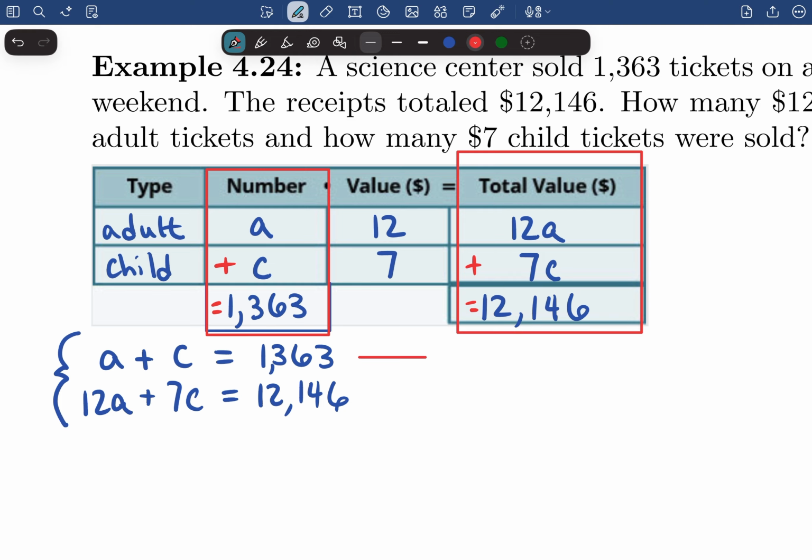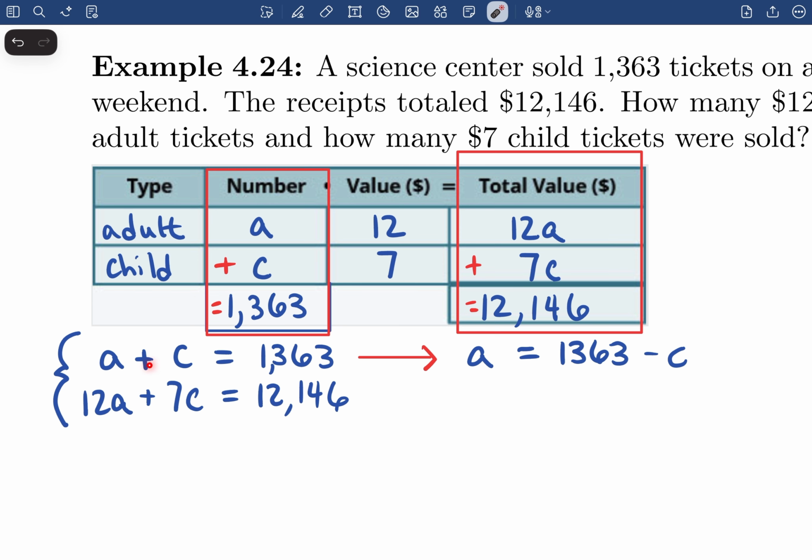I will show you a process of using substitution. I take that top equation and solve it for one of the variables. In this case, I'll solve for A. So A is equal to 1,363 minus C. What I just did was subtract C from the left-hand side of the equation to the right-hand side.